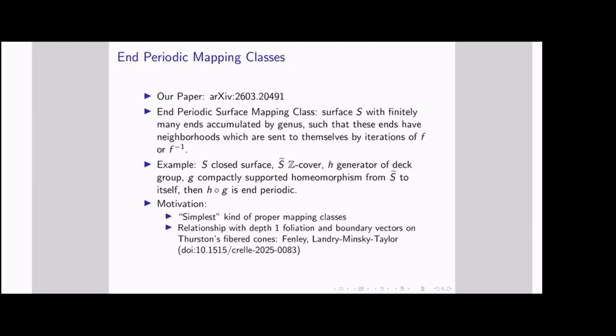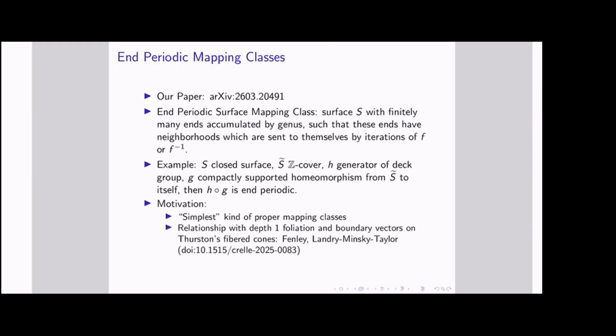If we consider a surface S with possibly infinite genus, so infinite topological type, and it has finitely many ends, which can be accumulated by genus or accumulated by punctures. We can also consider surfaces with punctures. And then we require that each of these ends has a neighborhood.